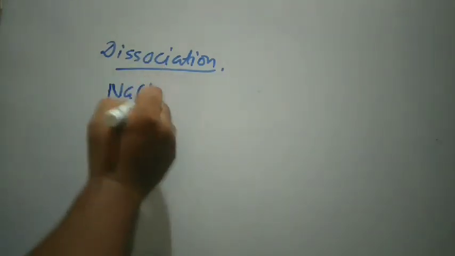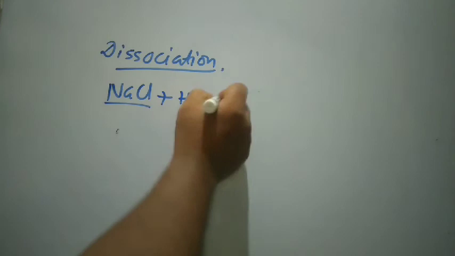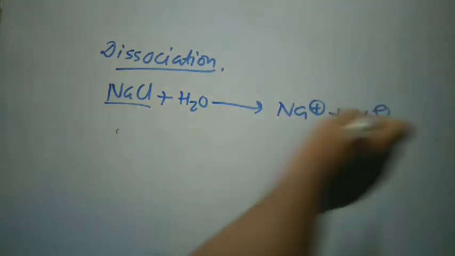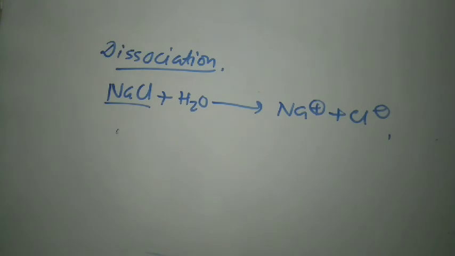Another point is dissociation. We have seen the example of association. Now we are going to read about dissociation and how the solute gets dissociated in the solution. Look at NaCl. You all know NaCl is an ionic compound, and when dissolved in water, it will give the corresponding cation and anion, which are Na plus and Cl minus.